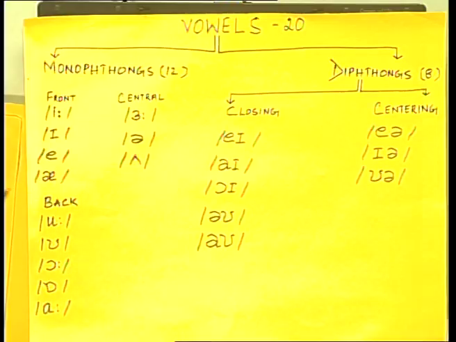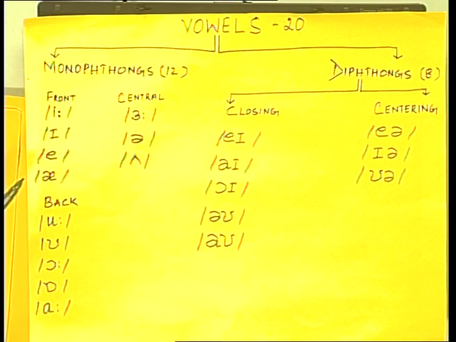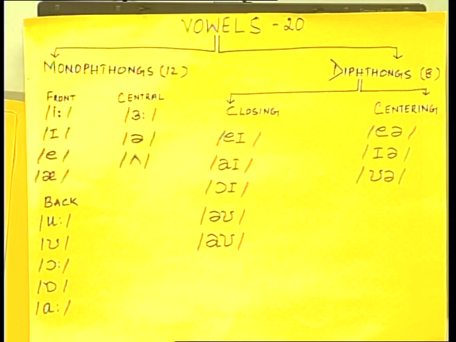We have the centering diphthongs that glide towards a central position, that is, they all glide towards the vowel a. We have 3 centering diphthongs: air as in air, care, share. Ear as in clear, tear, mere, and oor as in poor, cure, sure.